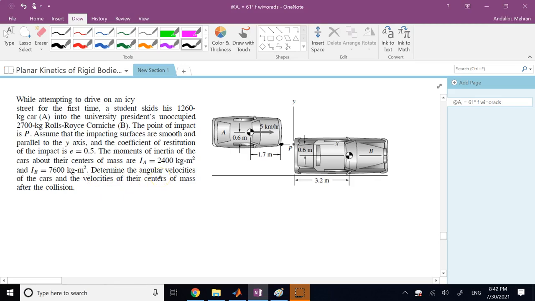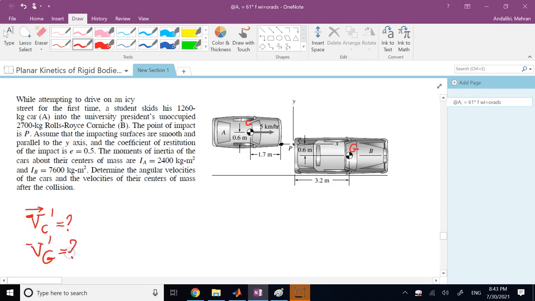What you need to find are the angular velocities and the linear velocities at the centroid for each one of these objects. So basically, if I call the centroid of car A C, and I call the centroid of car B G, what we really need is V of C prime and V of G prime.